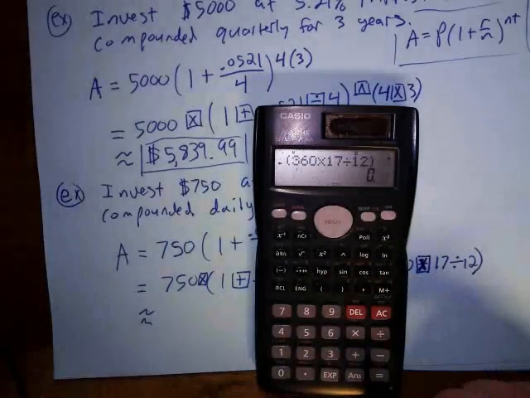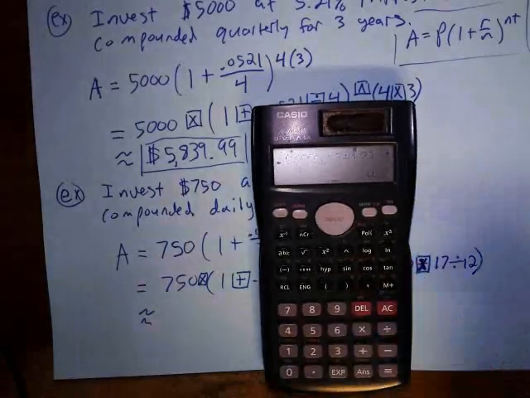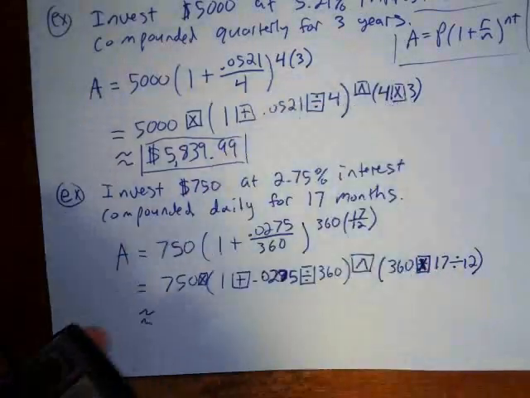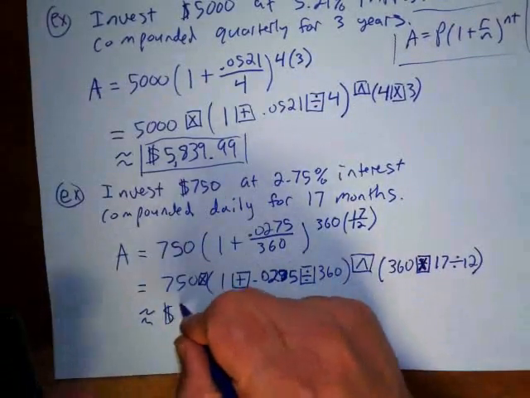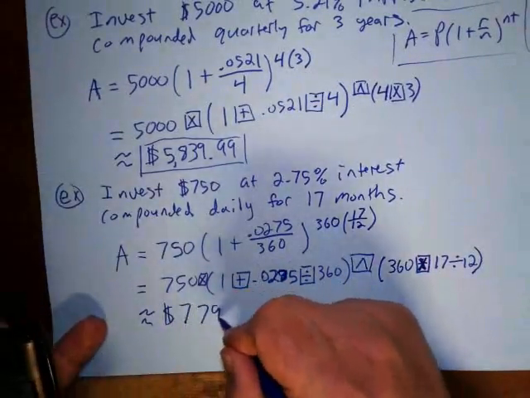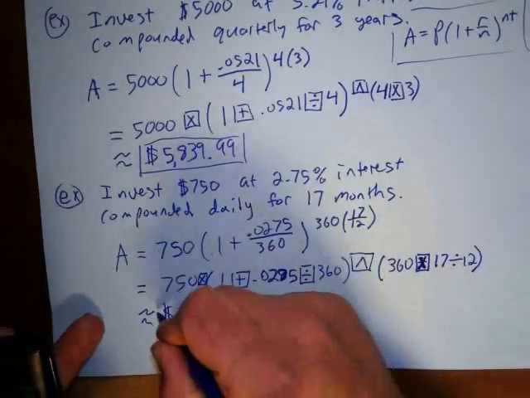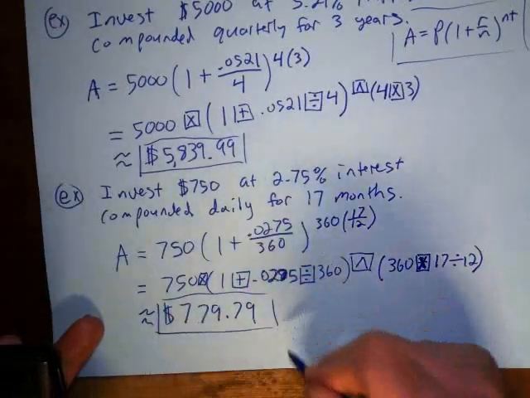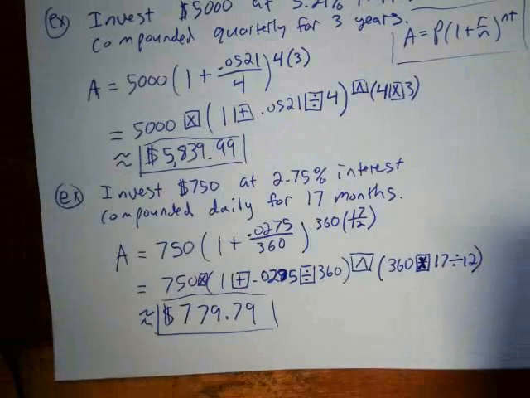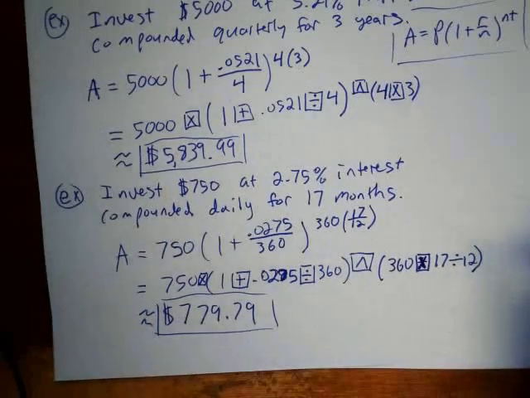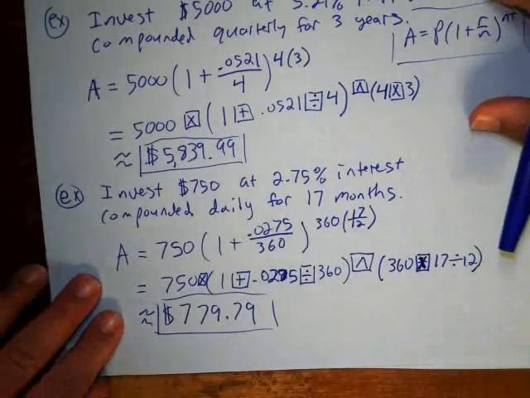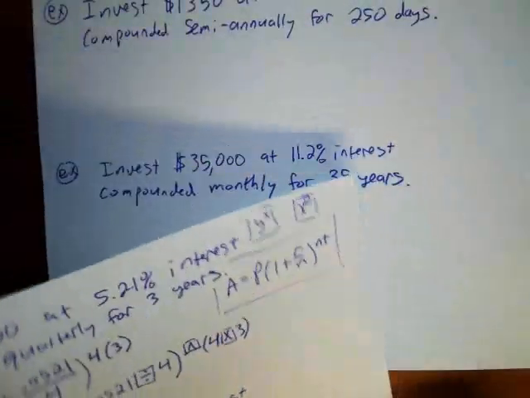And so it's going to look like that. And I get $779.79. So that's how much my investment will be worth after 17 months. Okay, so let's do a couple more examples here.